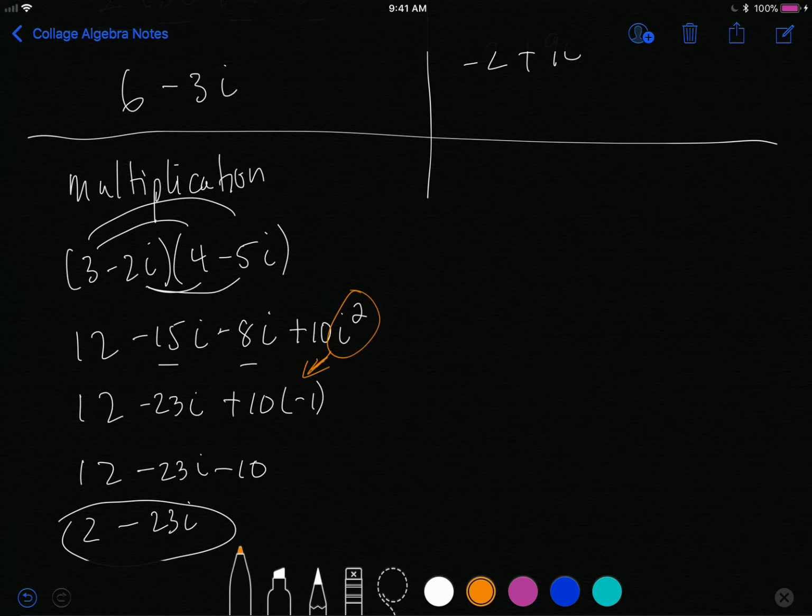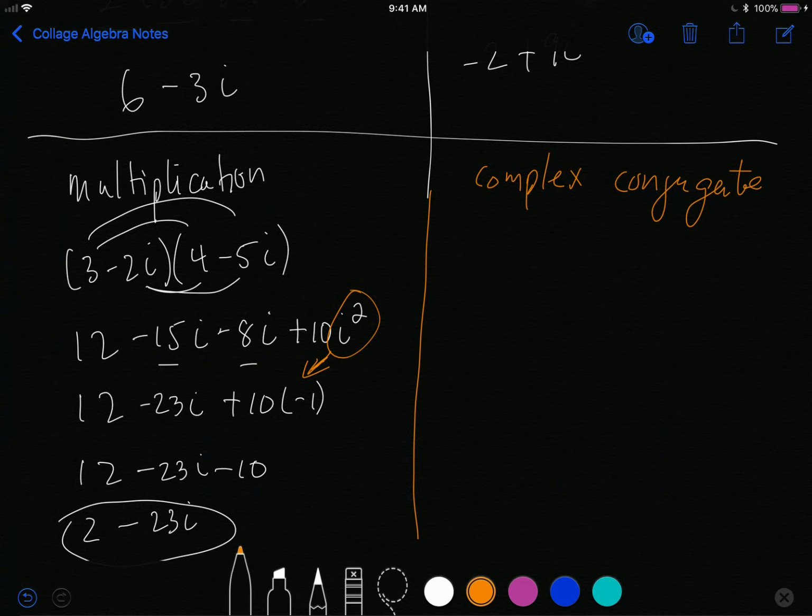Now, before we can do division, we have to stop on a short topic called the complex conjugate. The complex conjugate is simple.